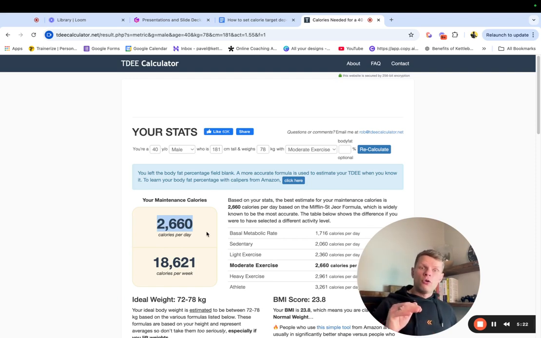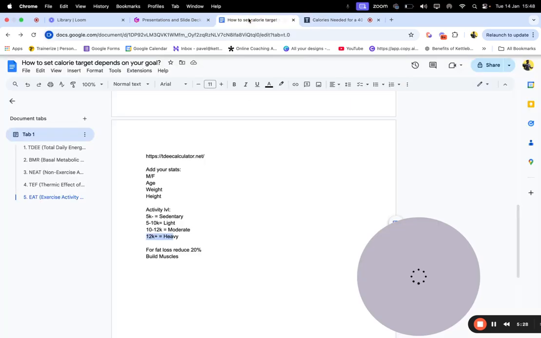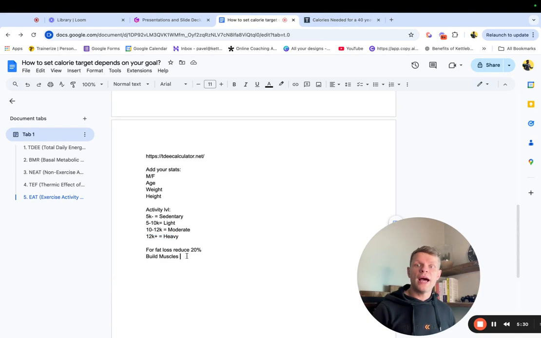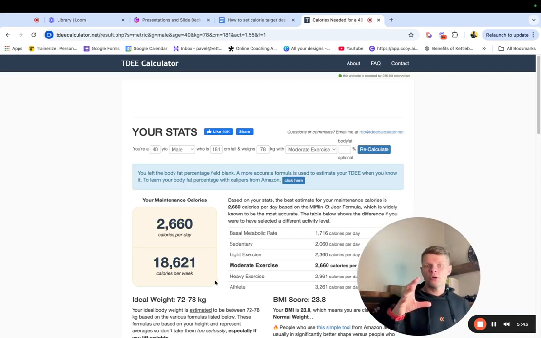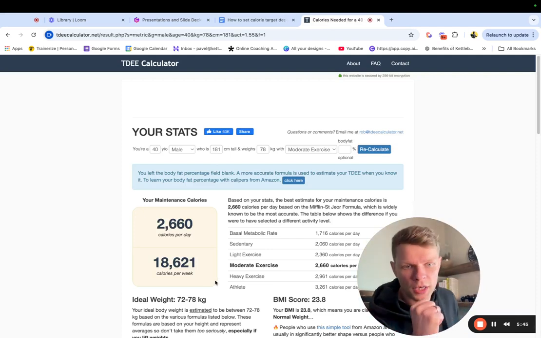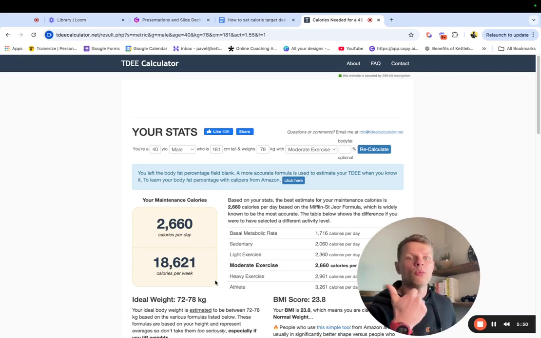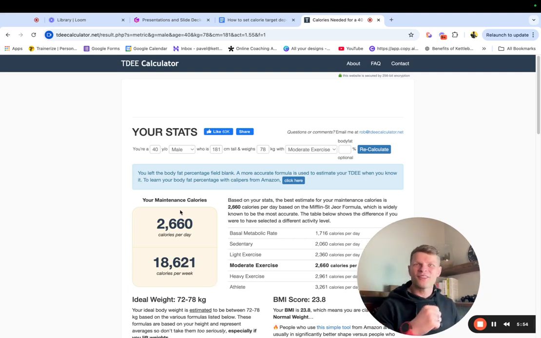So I know on this amount of calories I will be losing weight. If I want to gain weight or gain muscle, I will add 20% to this number. So 20% will be about 500. So if I eat around 3,100 calories a day, that will help me to gain weight, build muscle, and increase strength as well.